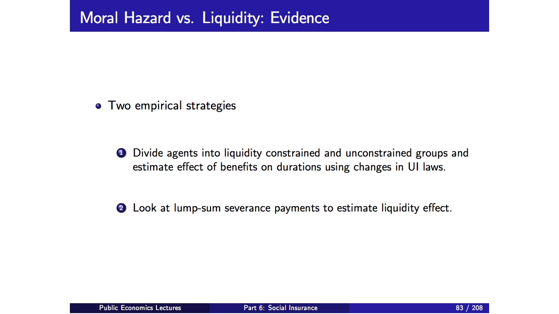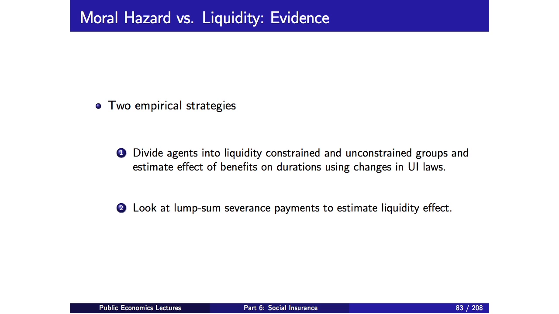And you saw from the simulation that if agents are liquidity constrained, then we expect benefits to have a larger impact because you have these liquidity effects. But if a guy has a lot of money in the bank, the liquidity effect basically becomes irrelevant. And if this whole theory is right that these liquidity effects are important, then we should see much smaller impacts of benefits on durations for that group.